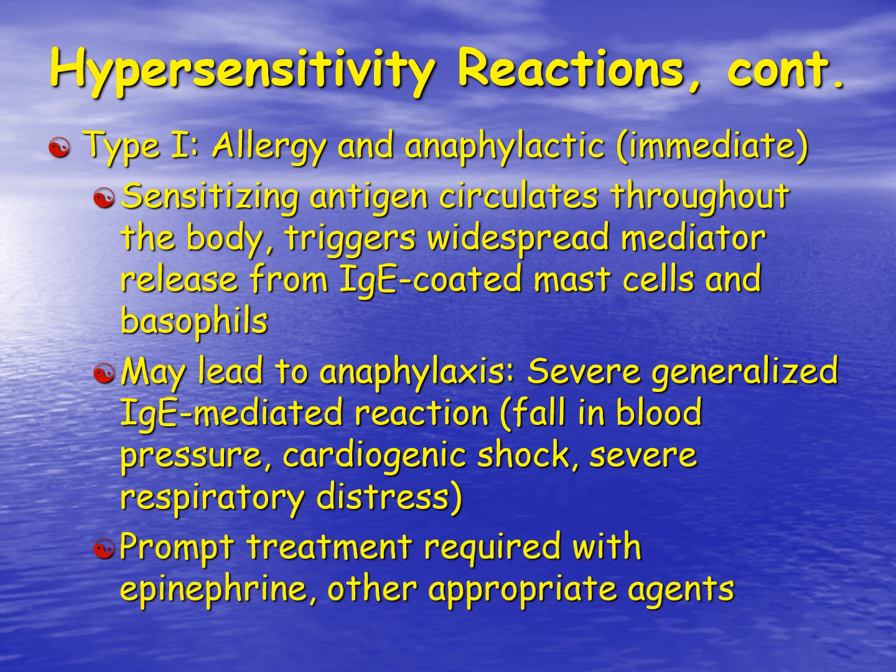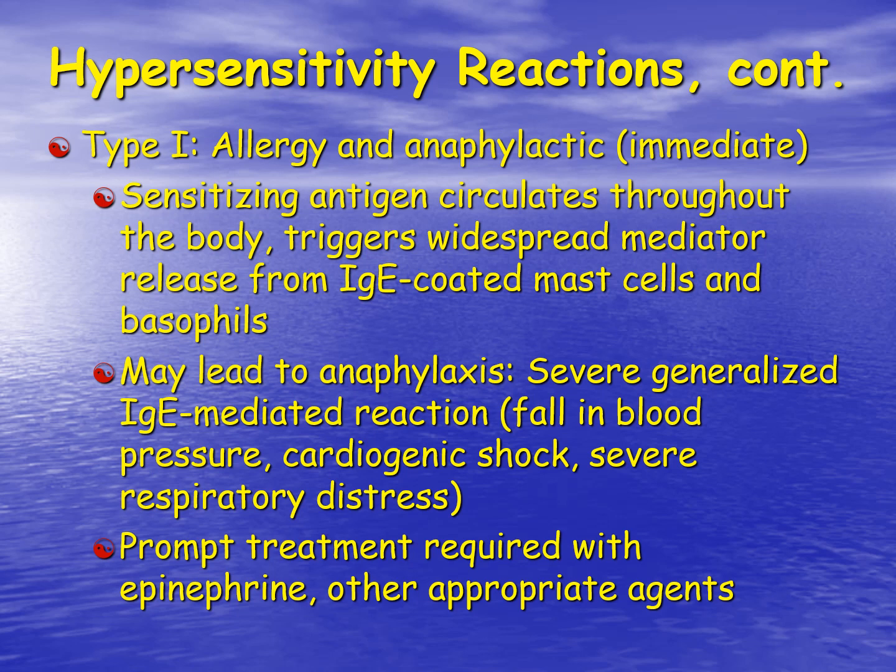So therefore, prompt treatment with epinephrine, other appropriate agents such as antihistamines are very important in anaphylaxis. And if you've ever known anyone that has anaphylaxis, you will actually know that they usually carry an EpiPen. This is to reverse, hopefully, the cardiogenic shock, at least until we can get them to appropriate healthcare facilities.